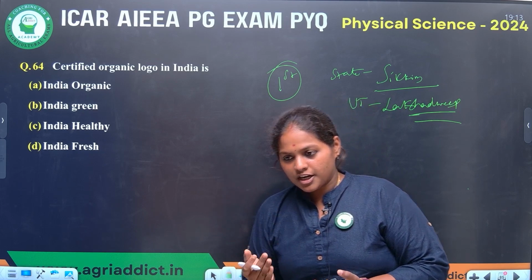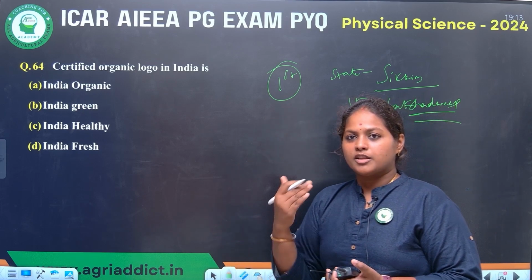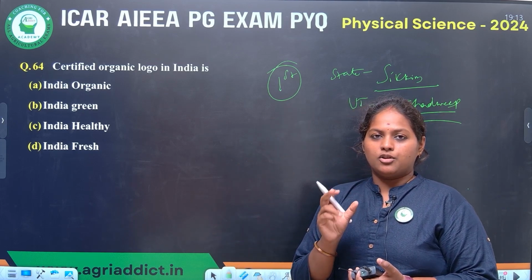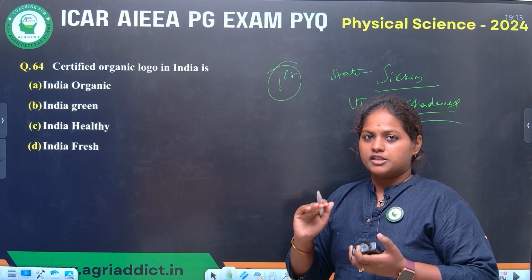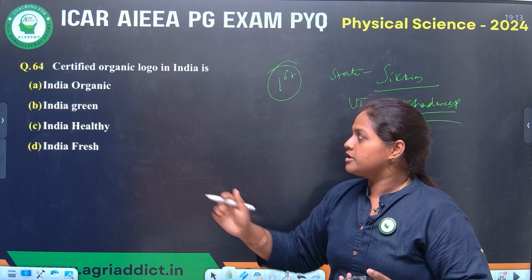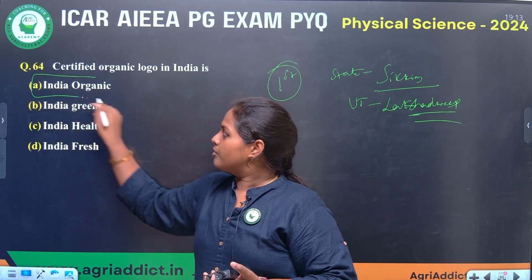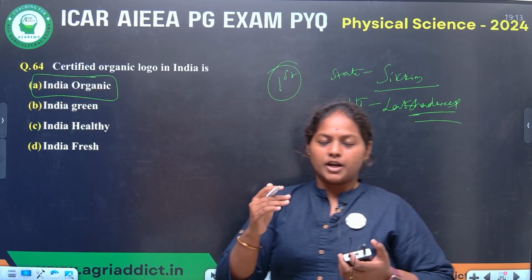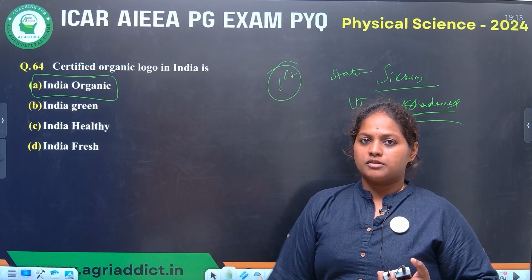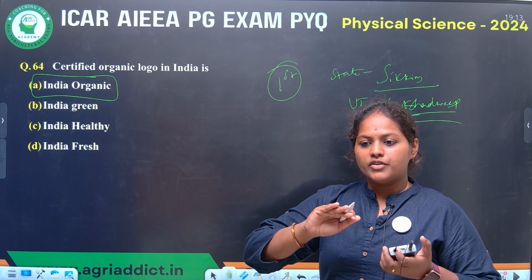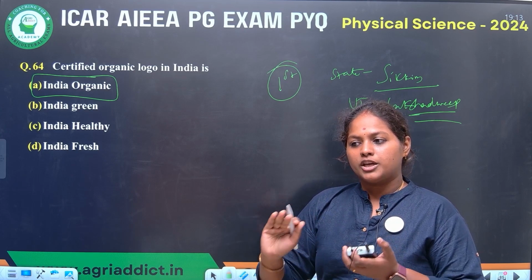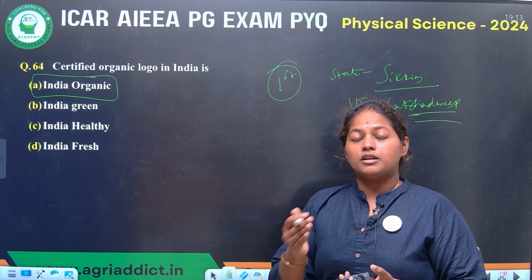So, for any organic product to be trusted by the people, a particular brand or logo should be there. In India, the logo that we see when purchasing organic products is the India Organic logo, because without a certain brand or logo, there is a chance that many fake products may come into the market and mislead us or brainwash us by claiming to be fully organic when they are not.